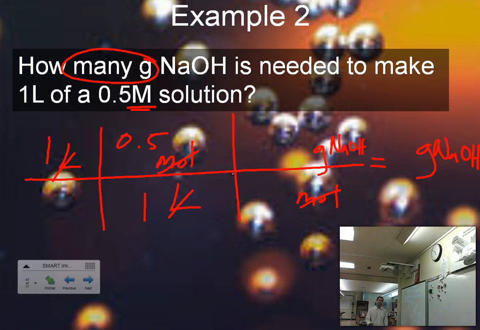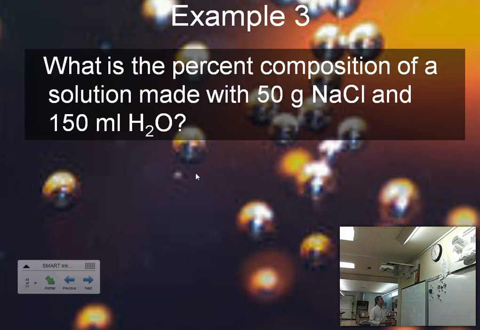Oxygen has a mass of 16, and hydrogen 1. If I add that all together, that gives me 40. And so my answer here would be 0.5 times 40, or 20 grams of sodium hydroxide. So if I wanted to make 1 liter of a 0.5 molar solution, I would need 20 grams of sodium hydroxide.